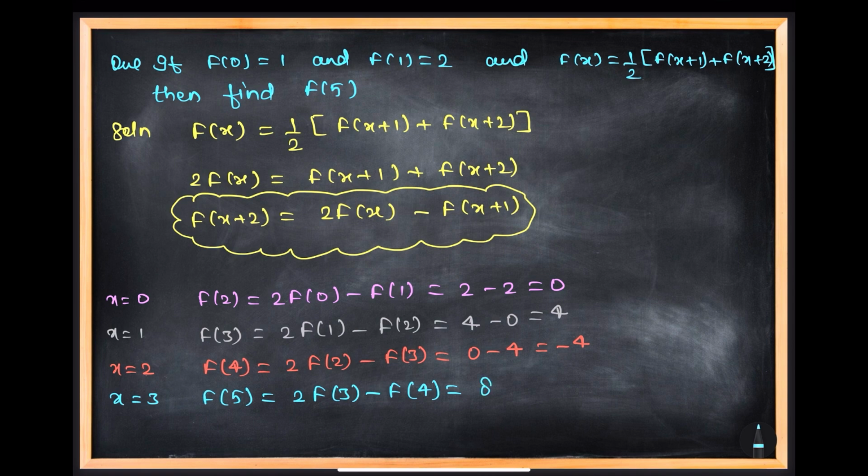So 4 twos are 8 minus f4. So minus of minus 4. So it will become plus 12. So the required value f5 is what? Plus 12. I hope you got the idea, and hopefully you guys can connect this thing with upcoming questions. Okay.